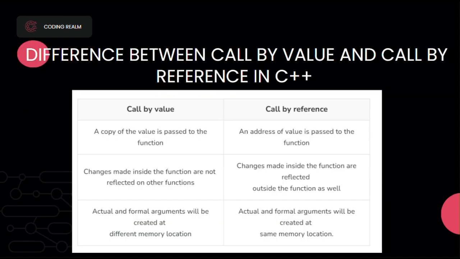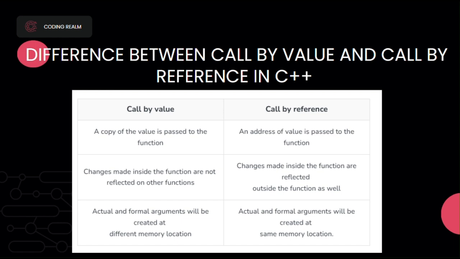Now, what is the difference between call by value and call by reference in C++? In call by value, a copy of the value is passed to the function, but in call by reference, an address of the value is passed to the function. In call by value, changes made inside the function are not reflected outside the function, but in call by reference, changes made inside the function are reflected outside the function as well.